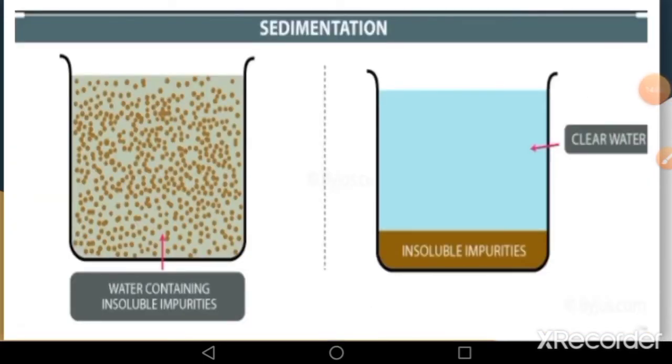Through sedimentation also we can separate substances. During sedimentation, the liquid is left undisturbed for some time. The heavy insoluble solids like sand settle down at the bottom. This process in which insoluble substance settle down is called sedimentation.